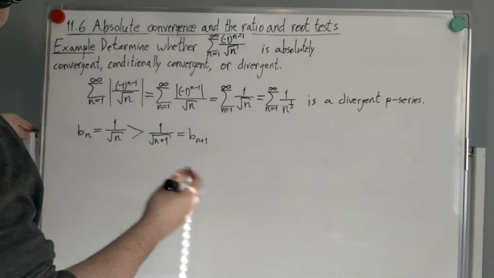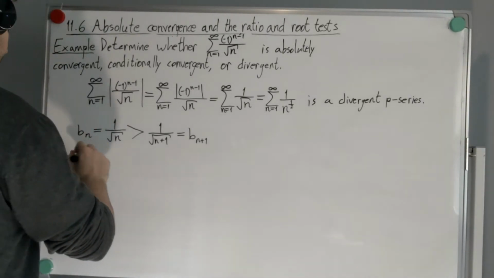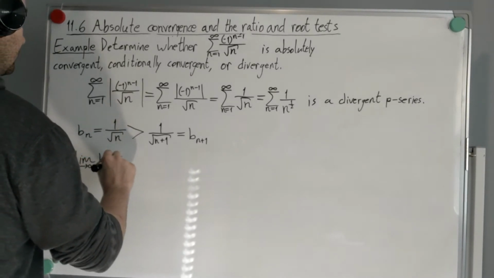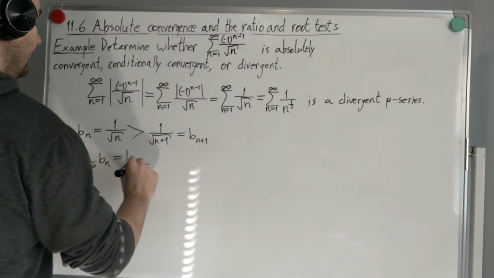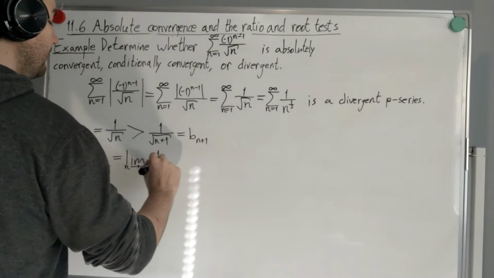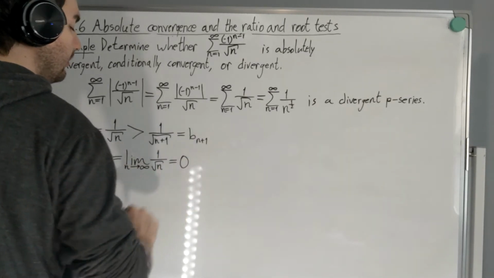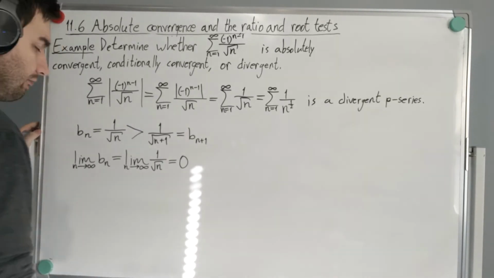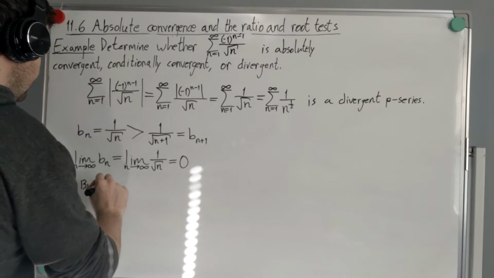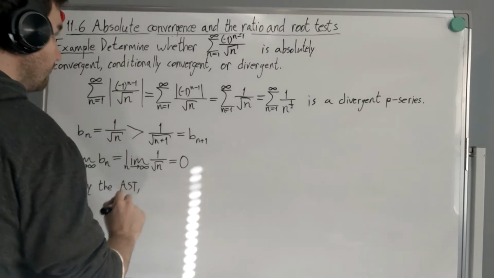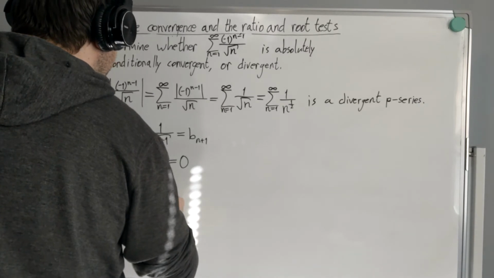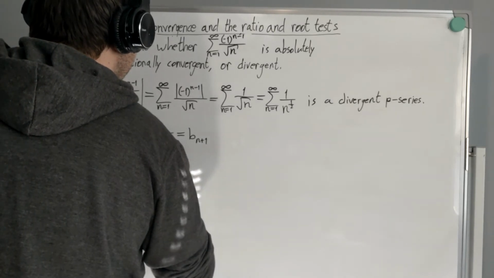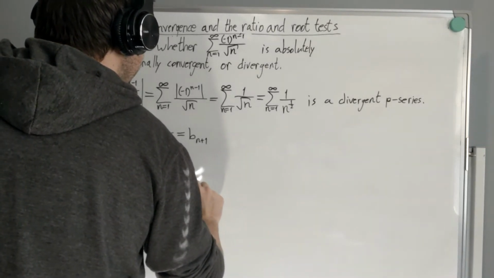So we have that. Then, if we were to take the limit as n approaches infinity of Bn, that would be the limit as n approaches infinity of 1 over the square root of n, which is just 0, right? This means that by the alternating series test, the sum from n equals 1 to infinity of -1 to the n minus 1 over the square root of n is convergent.